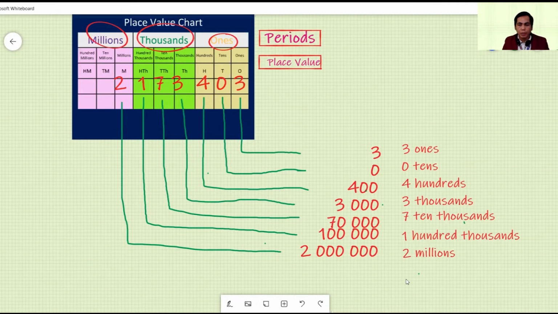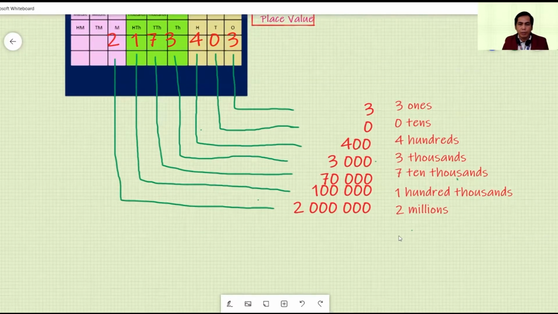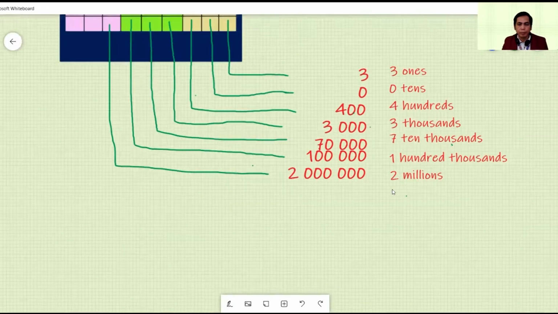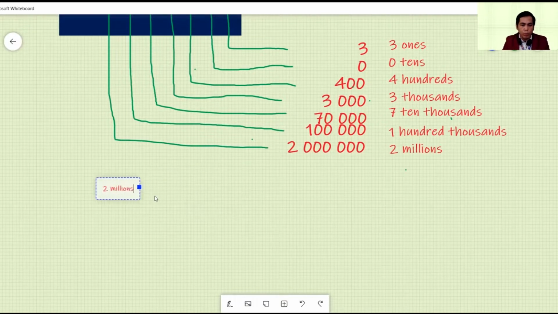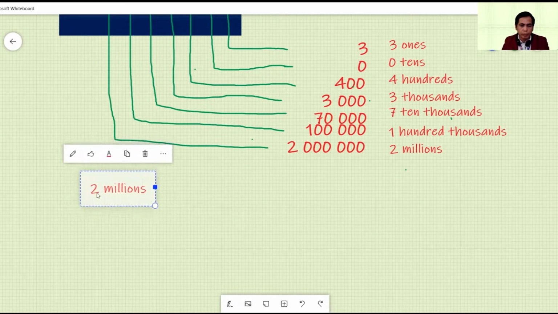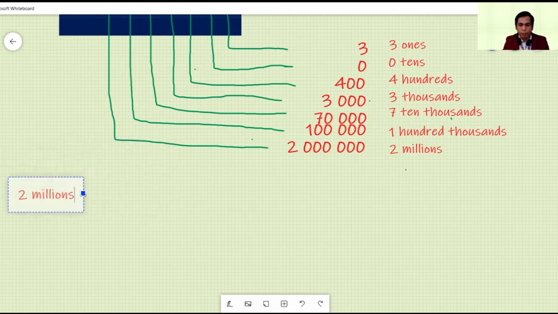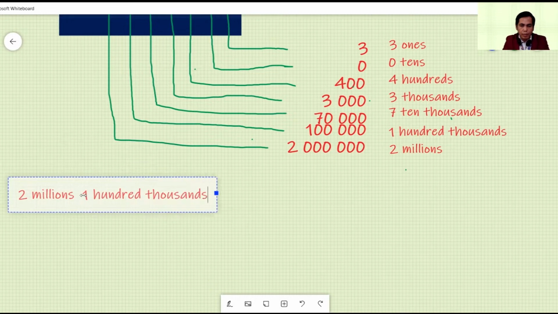I'm going to write the numeral digit by digit with its equivalent place values, starting from the left. So we have here 2 millions, 1 hundred thousand, 7 ten thousands, 3 thousands, 4 hundreds, 0 tens, and 3 ones.